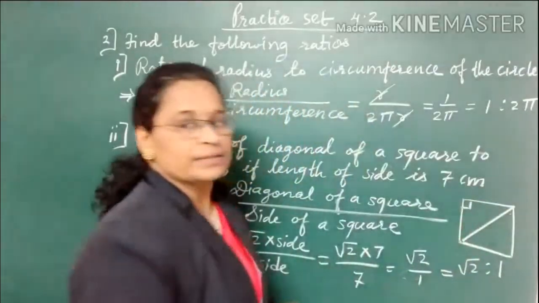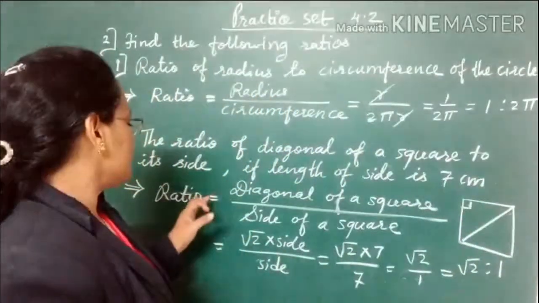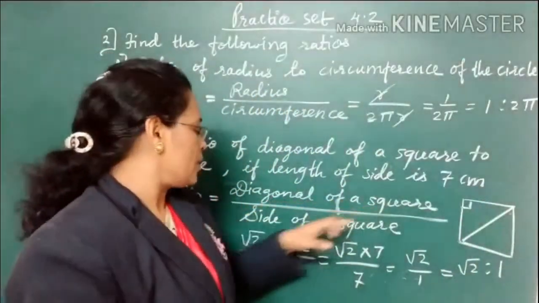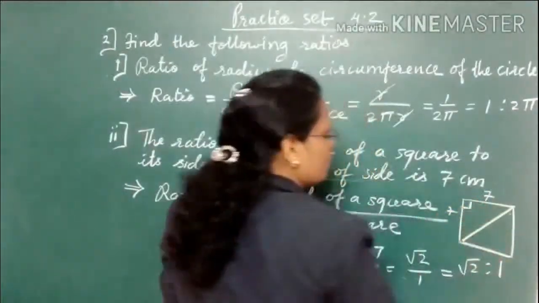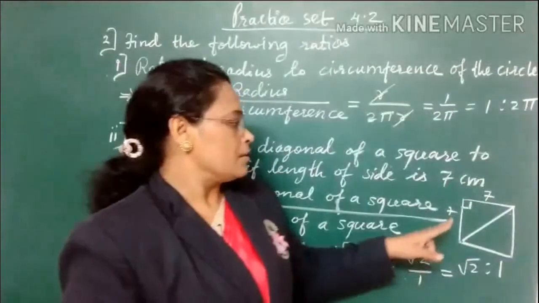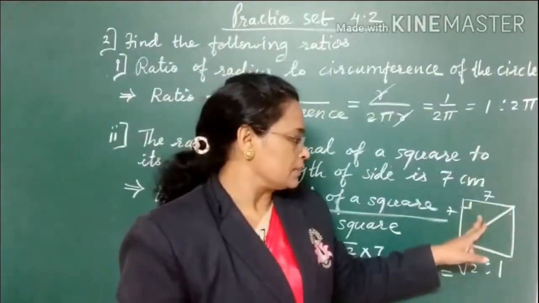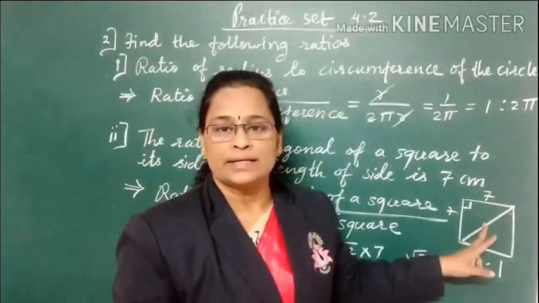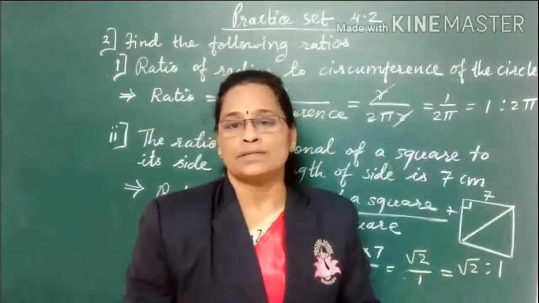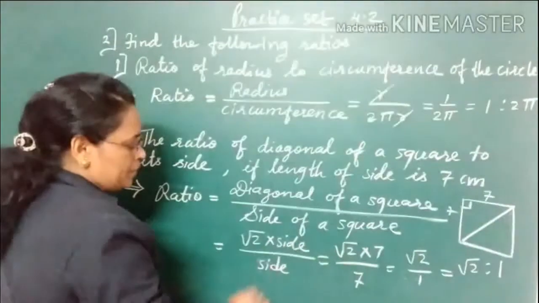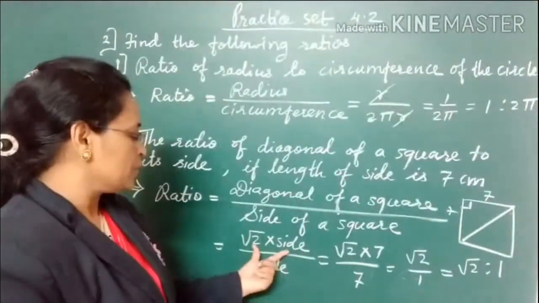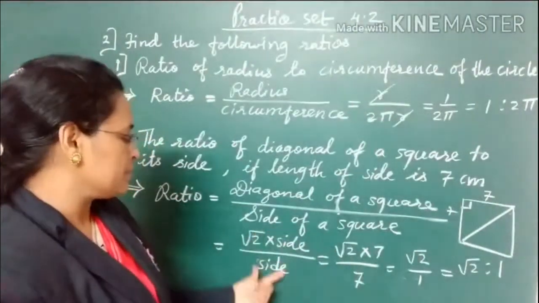The right angle triangle is formed, and the ratio we have to write here, diagonal of a square to the side of a square. The side is 7, and if you go by the Pythagoras theorem in the right angle triangle, then you can find the length of the diagonal. It can be written as root 2 into side. So that formula we will write here, root 2 into side upon side, that is side of a square.